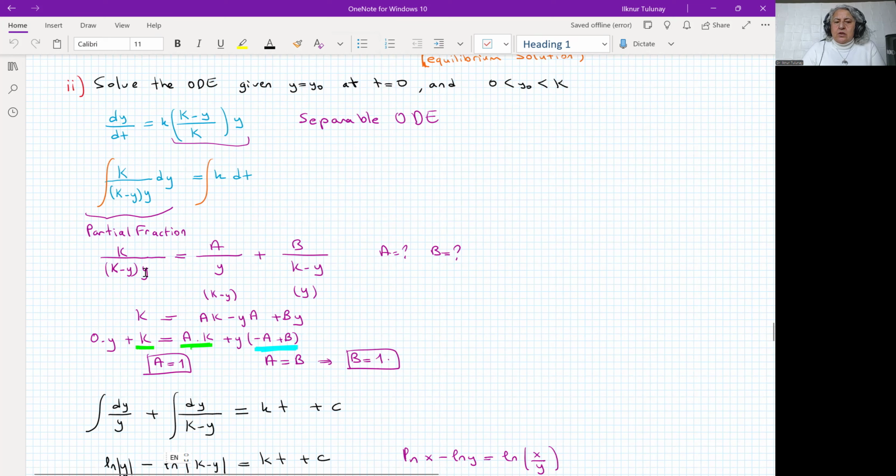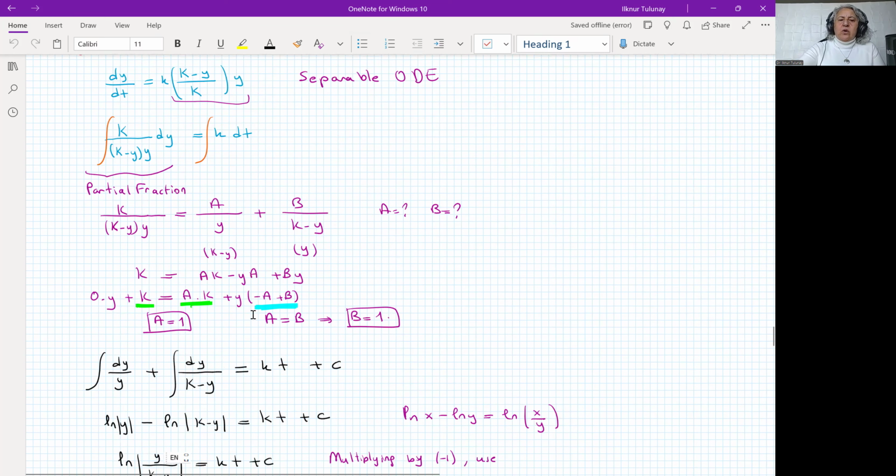I'm omitting the denominator at that moment because it's the same on both sides when you multiply. So here we have aK minus ay, and here we have only by. We are not moving objects here. We are thinking of this equality in terms of polynomials.